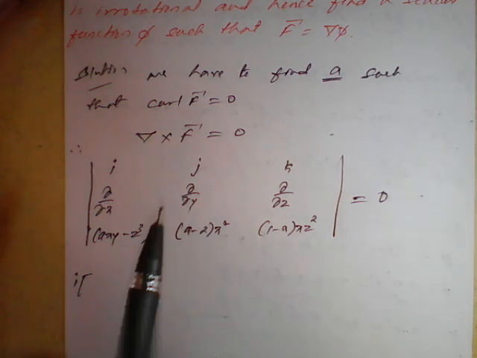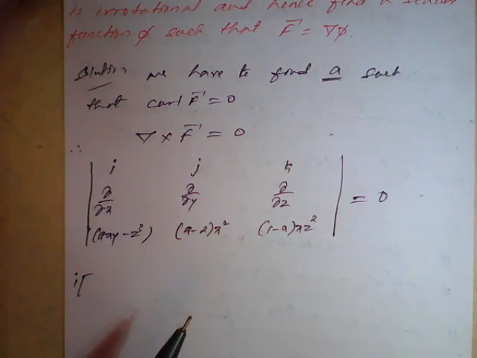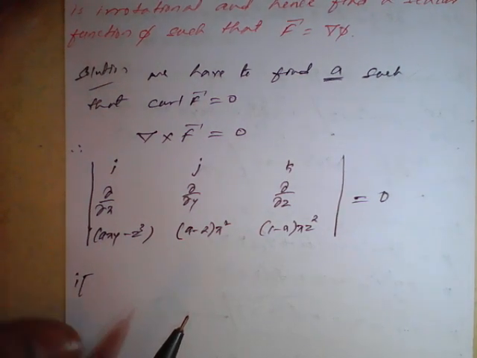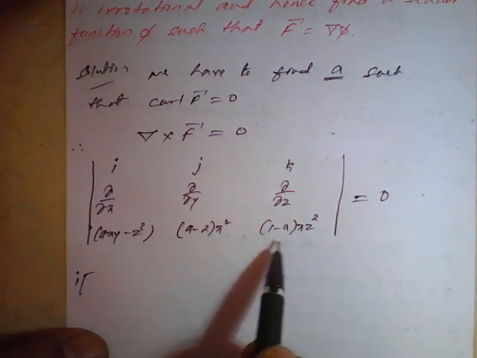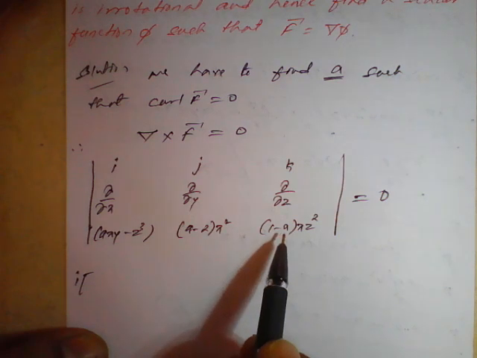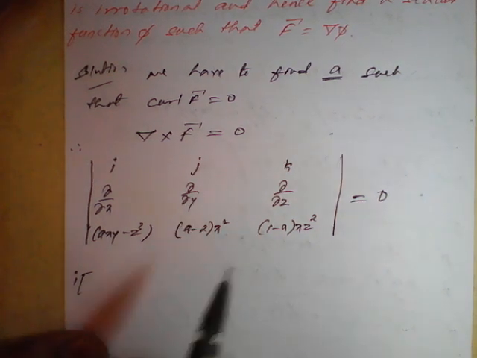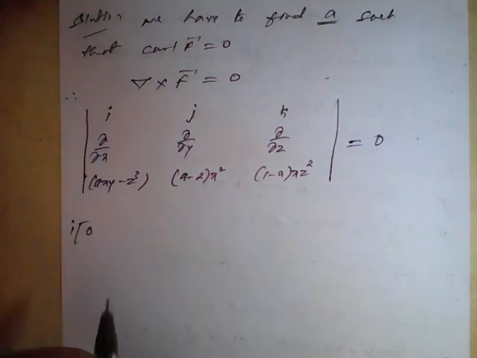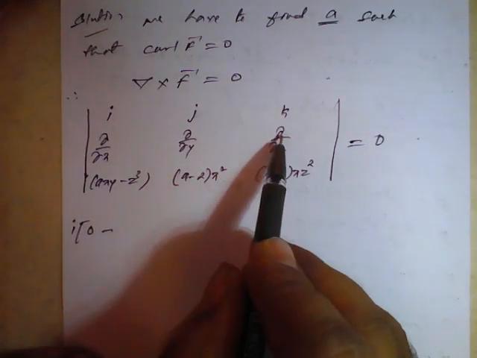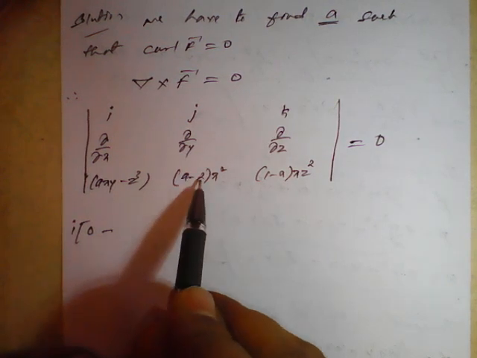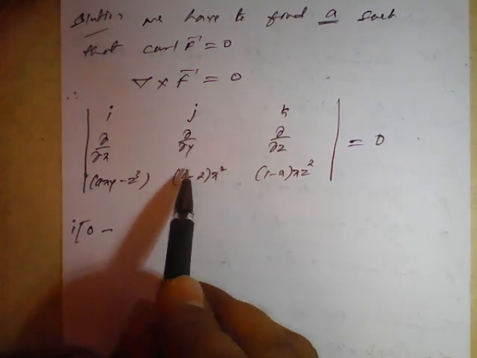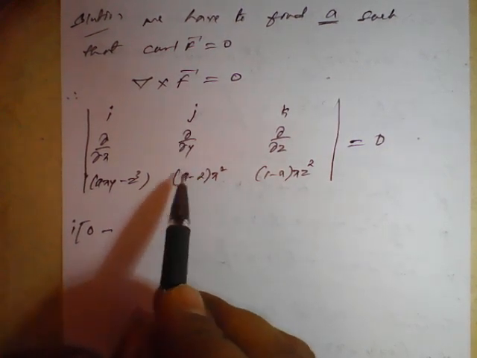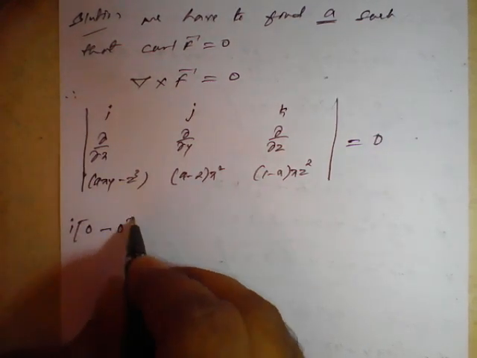There is no y term here, so it is purely a constant, and the partial differentiation of a constant with respect to y is 0. Similarly, minus dou by dou z of a minus 2 of x square, which is free from z, is also a constant, so it is also 0.